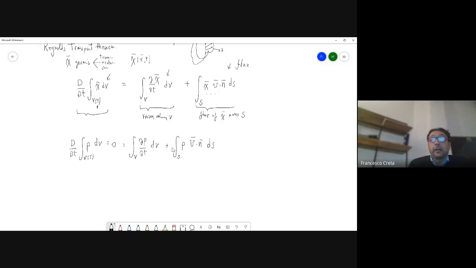Now, bear in mind that you always have to use the normal component, because if you have the surface S and the velocity is tangent to S, so it's at 90 degrees with the normal, clearly there is no flux across S, so this term has to be 0. I hope you see this.